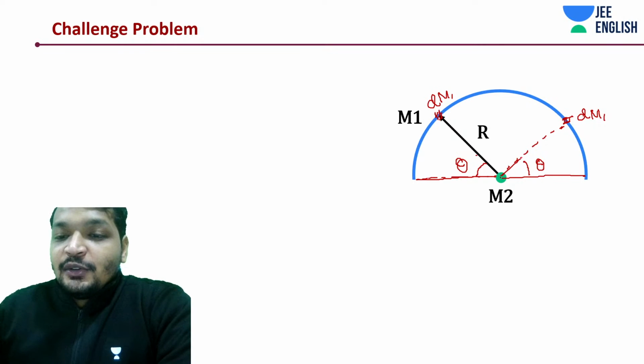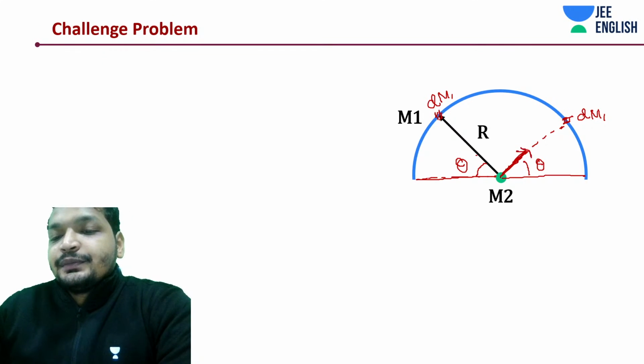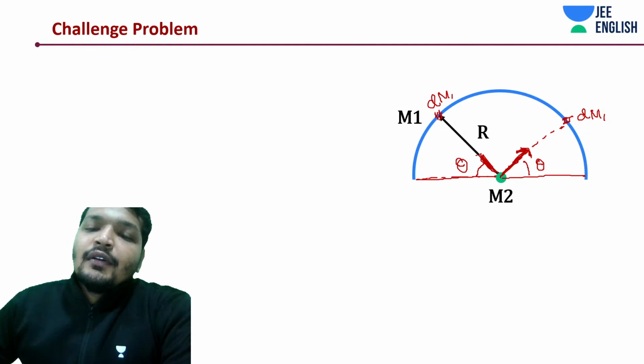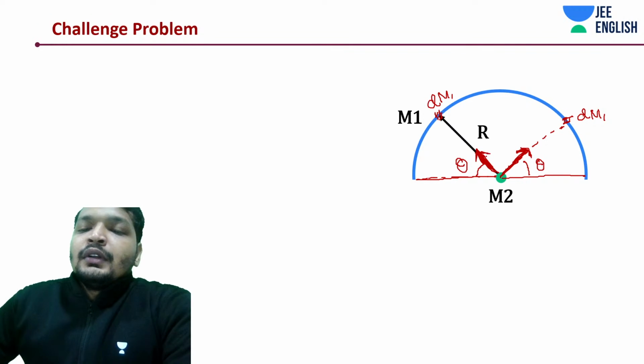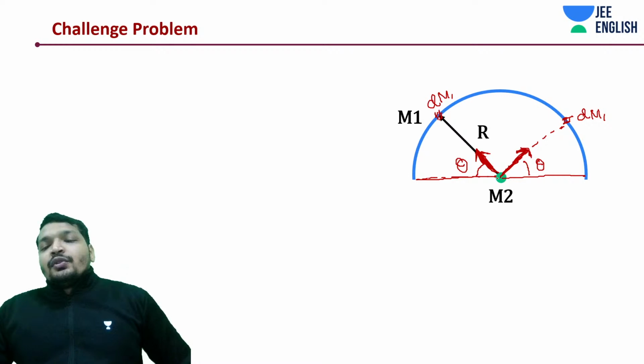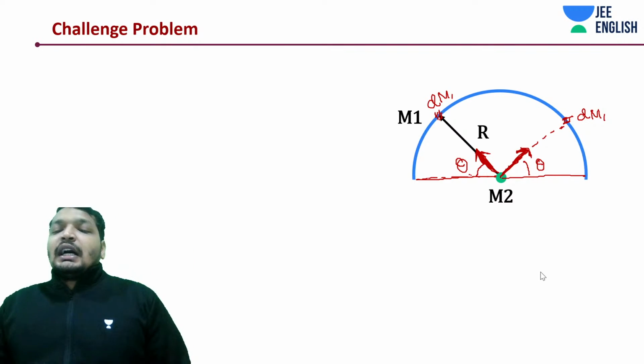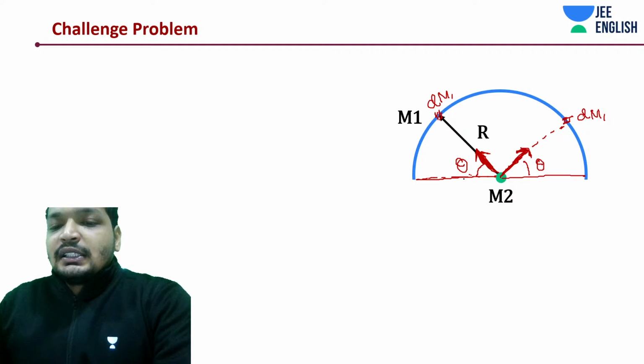This is going to be attractive, and this is also going to be attractive. Now comes the question: due to both of them, you notice only one component would exist, and the component along the x-axis would cease to exist.